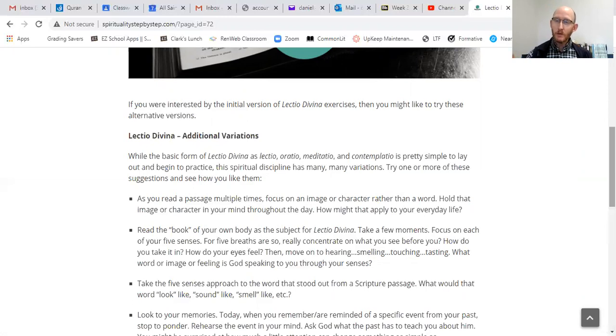Think of those steps as kind of like waves that come along on the ocean shore. And you can adapt that not only to reading the Bible or other spiritual books, but in lots of different ways. I'd like to mention a few of them specifically, but please go through the list on spiritualitystepbystep.com and look at these for yourselves.